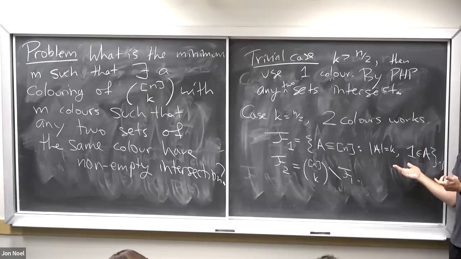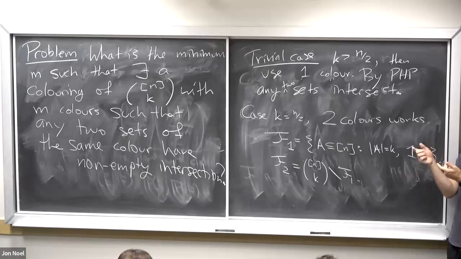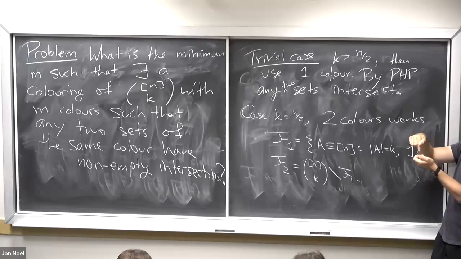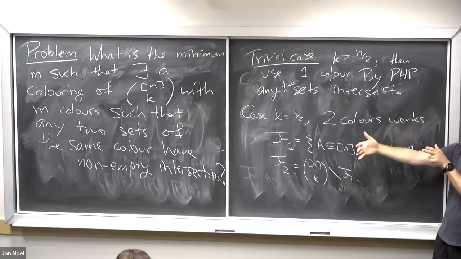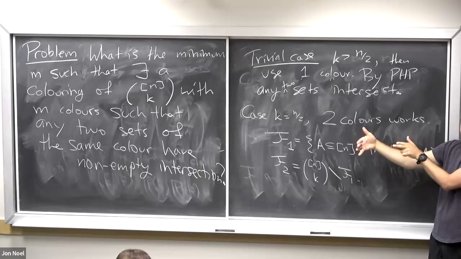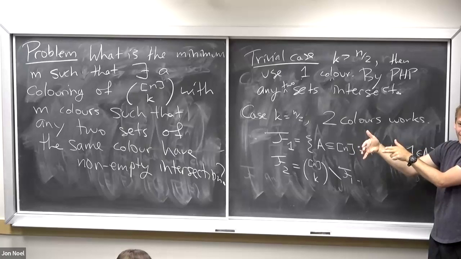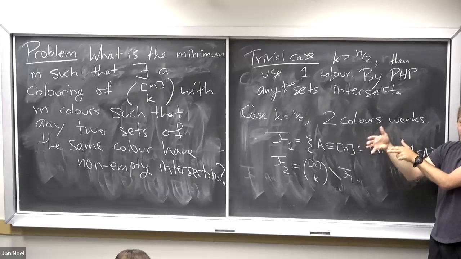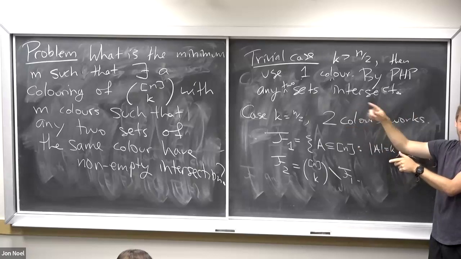The key idea is you should just take everything that contains one, everything that contains two that doesn't contain one, everything that contains three that doesn't contain one or two. So basically everything with minimum element i. Keep doing that, and now all of the sets left over are shrunk into a smaller and smaller ground set until they can't be disjoint, and then you stop, and that's your last color.